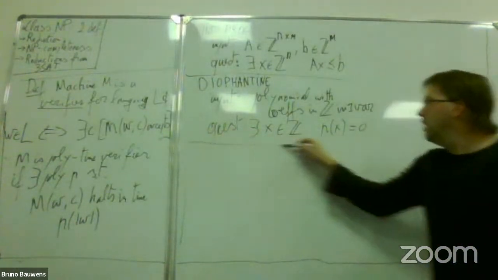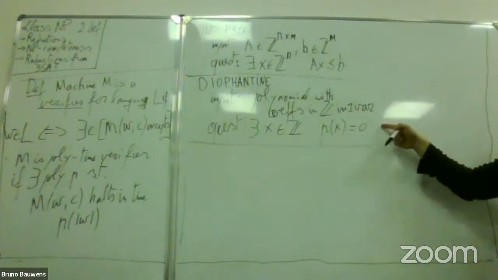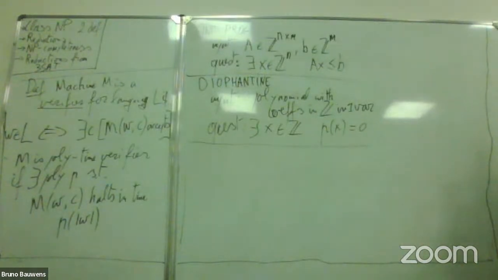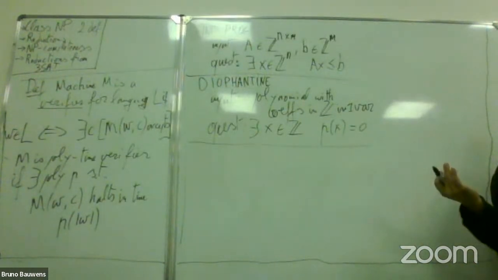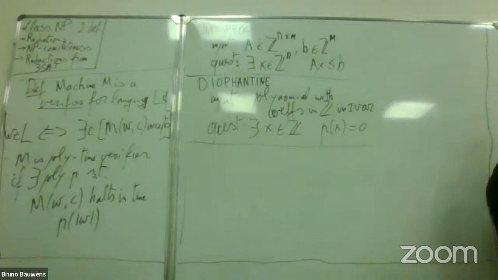And we know that this problem is not in NP. You might say the verifier just checks the polynomial, but there exist polynomials for which the only solutions are huge.